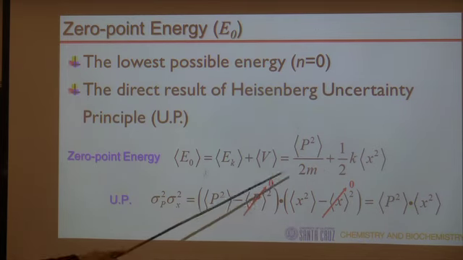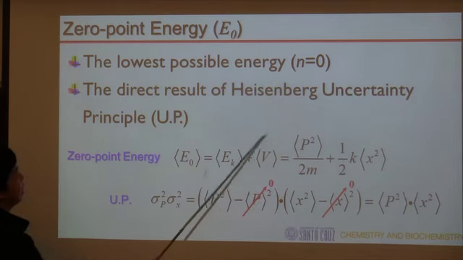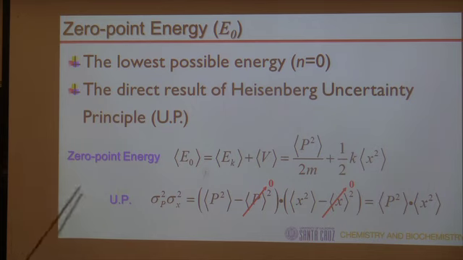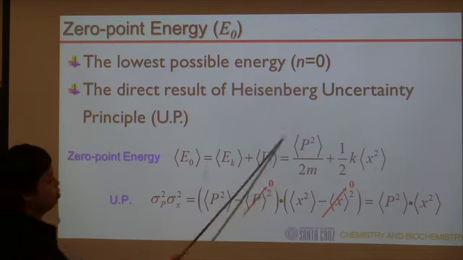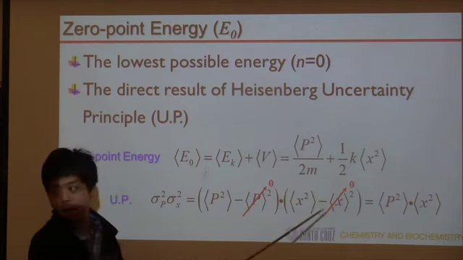Let's take it back here. If the zero-point energy is 0, what will happen for the first one? We have two squares here, right?